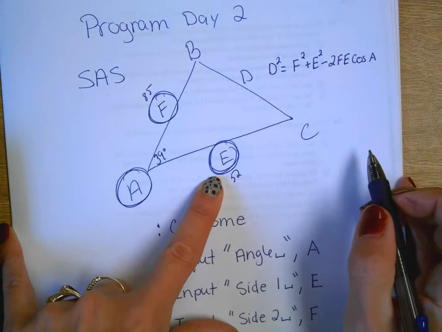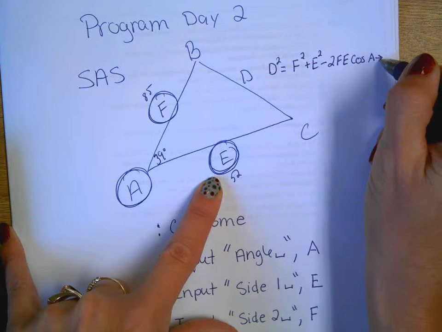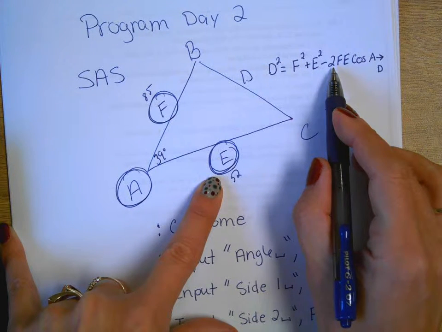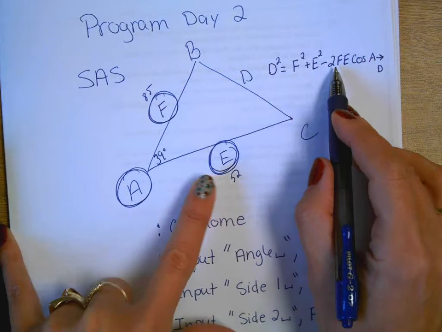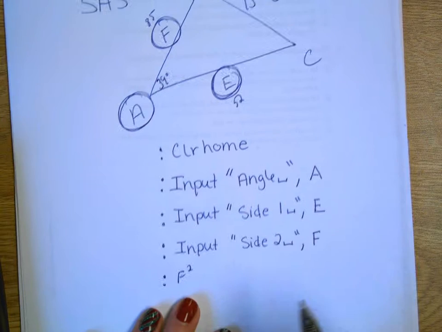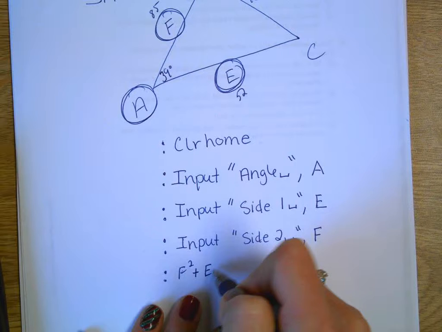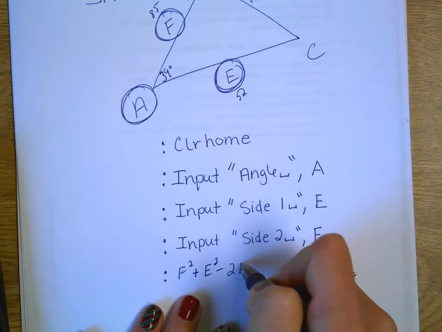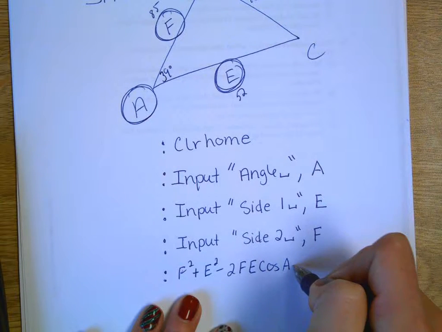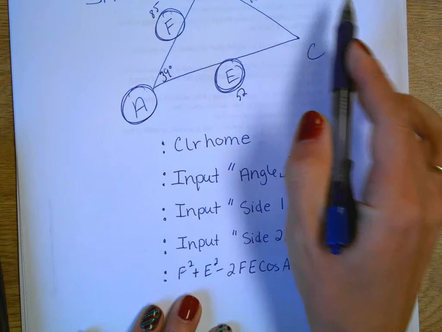Okay, that's going to be stored in D. But remember, this is only D squared. We're going to have to take 2 lines. So our next input is going to say F squared plus E squared, minus 2F E cosine of A. We're going to store that in D. But remember, that's D squared.